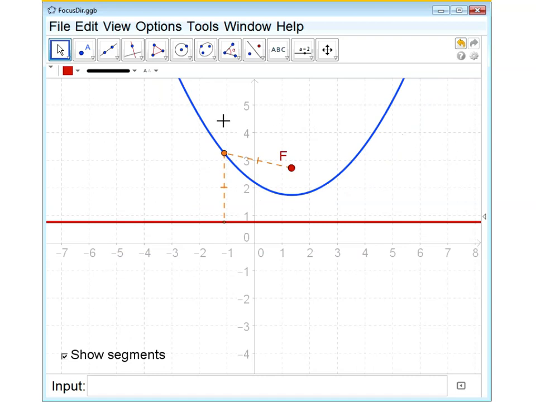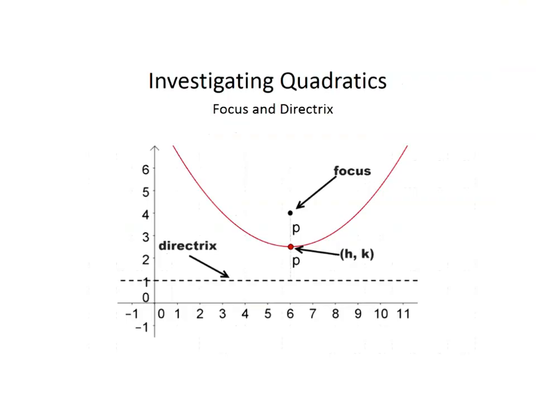All right, so that's why we can use the focus and the directrix to write the equation, because in this geometric construction of a parabola, it's really dependent on where the focus is and where the directrix is. That's what gives me the shape of my parabola.